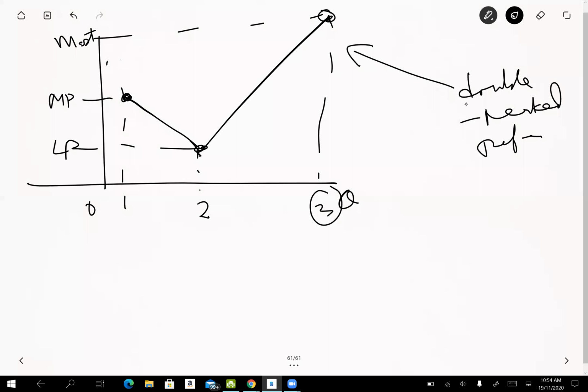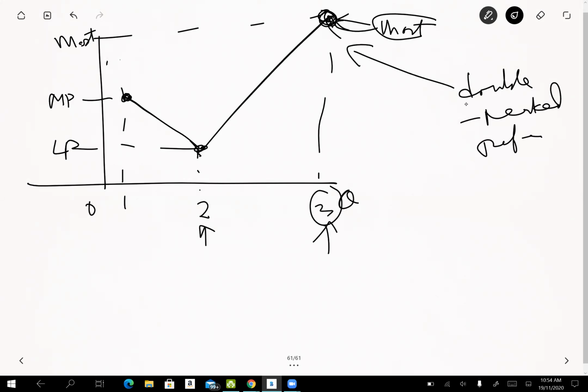So what is the implication? If he cannot get his most preferred choice, which is 3, he doesn't want the one next to it.